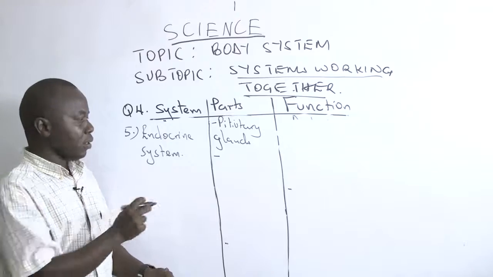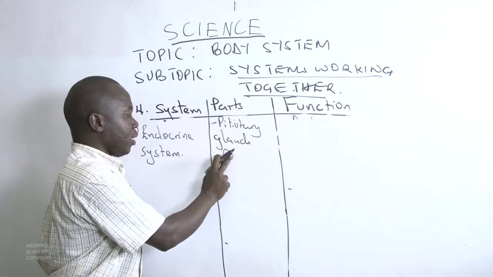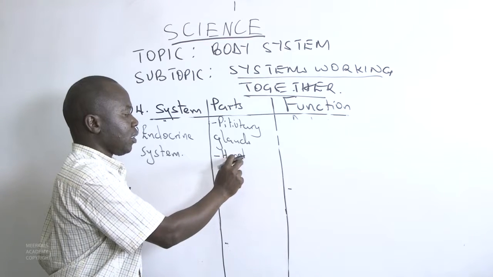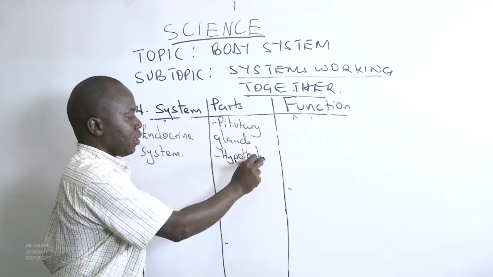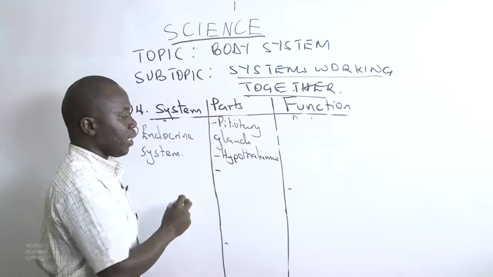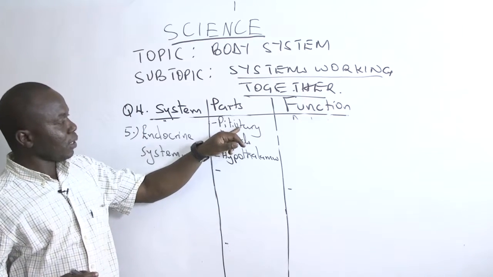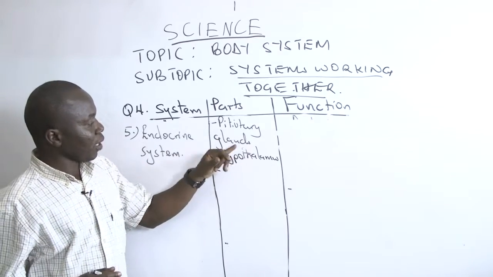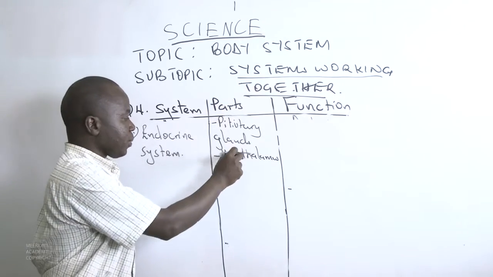When you move down, we also have the hypothalamus in the brain, which sends impulses or sometimes hormones to the pituitary gland so that it can respond appropriately.